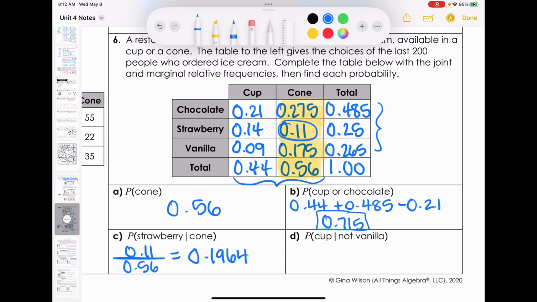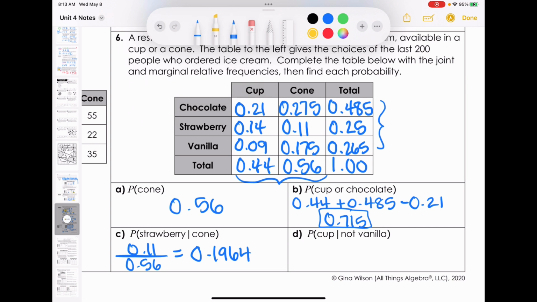All right, same thing with the next one. Probability that it's a cup given that it's not vanilla. So that means I'm going to be looking at strawberry and chocolate. So I need to add up my totals for the bottom, 0.485 plus 0.25. And then those need to be cups.